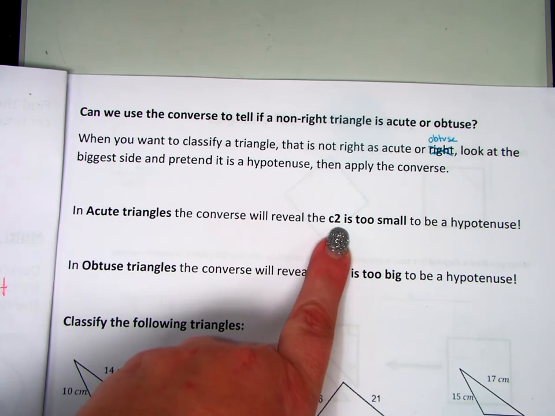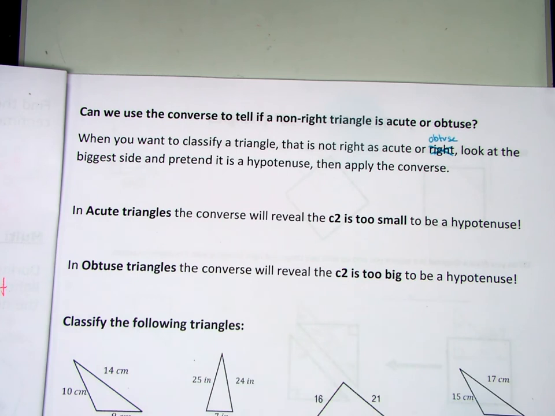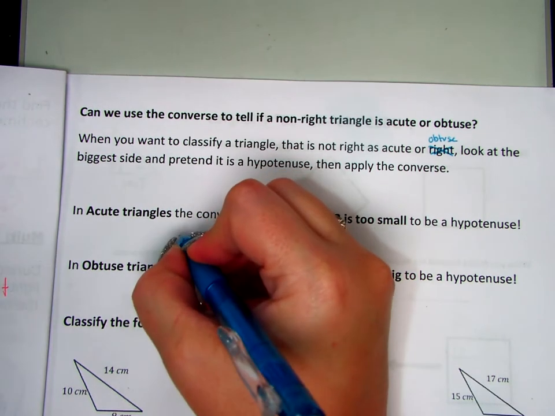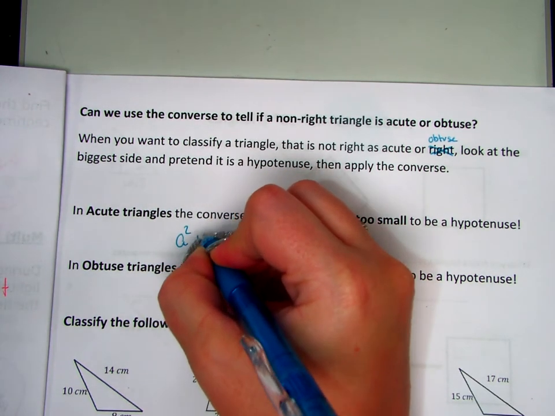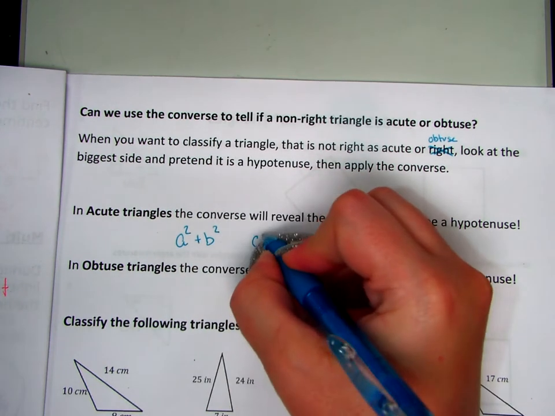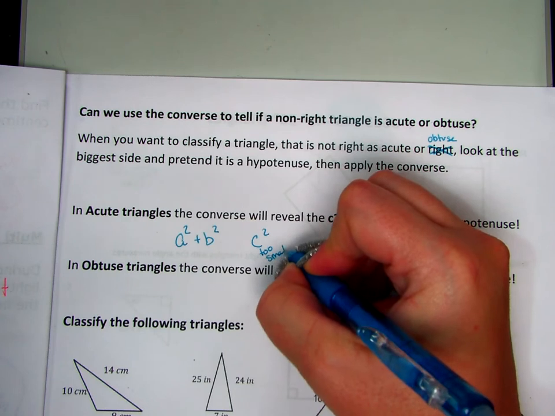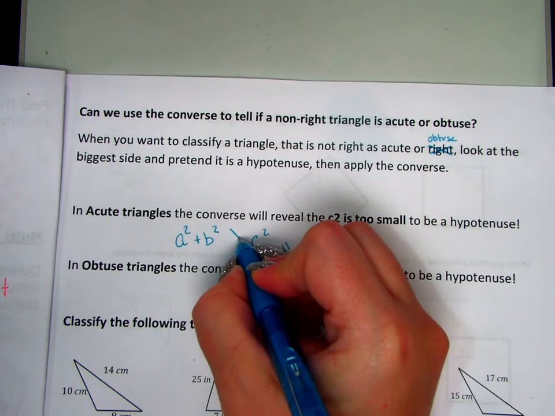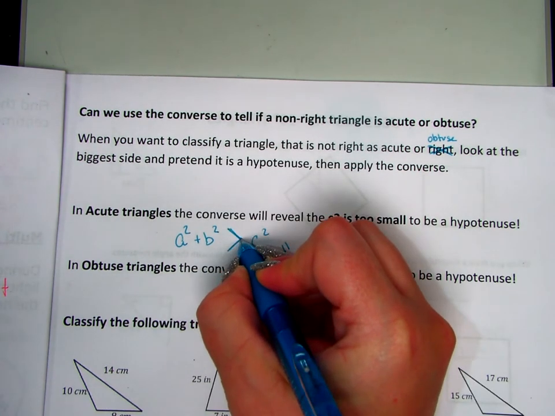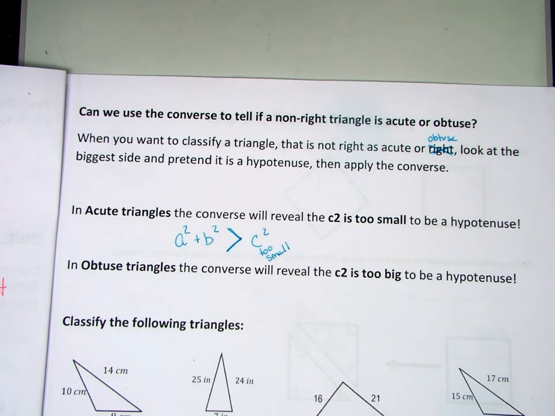Obtuse. So in an acute triangle, your converse will reveal that your c squared is too small to be a hypotenuse. So a squared plus b squared compared to c squared: your c squared number is going to be too small to equal the other side. With an inequality, that means a squared plus b squared is going to be greater than your c squared, because your c squared is too small.